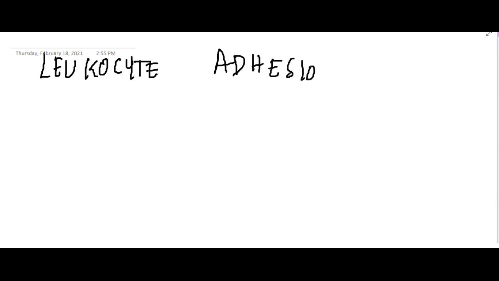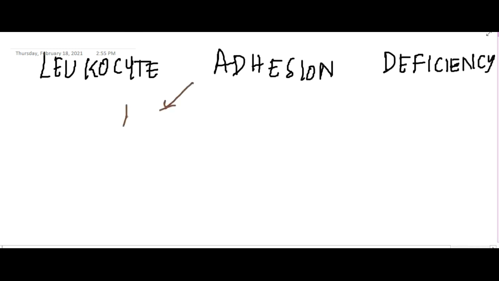Right. The next disease, which is also a phagocyte dysfunction, is called leukocyte adhesion deficiency. This is divided into two types: leukocyte adhesion deficiency 1 and leukocyte adhesion deficiency 2.